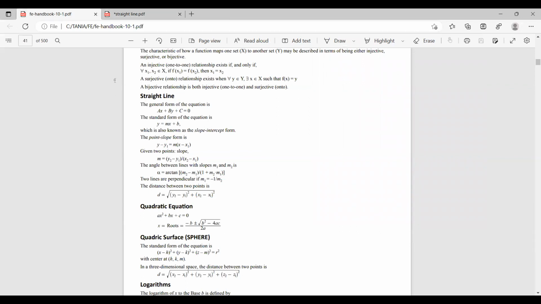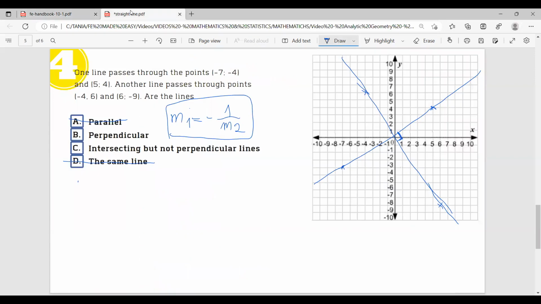So I'm given two points, and I can calculate the slope. So let's go ahead and use this, where we're given two points, and we can calculate the slope of line 1 and slope of line 2. It's as easy as that. Let's do this. m1 is going to be equal to, the formula says, y2 minus y1 over x2 minus x1.